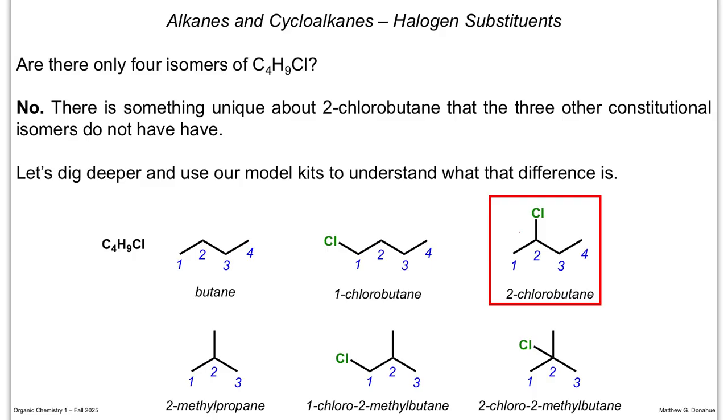If I draw in that implicit hydrogen, that carbon now has 4 different things bonded to it: a methyl group, an ethyl group, a chlorine, and an H. So this bond can translate into 2 different molecules based on the arrangement of the H and the Cl, because we're going to leave the carbon backbone in the plane of the board.